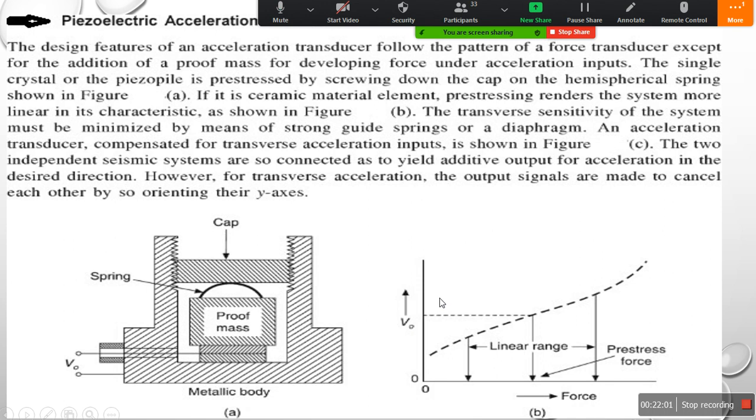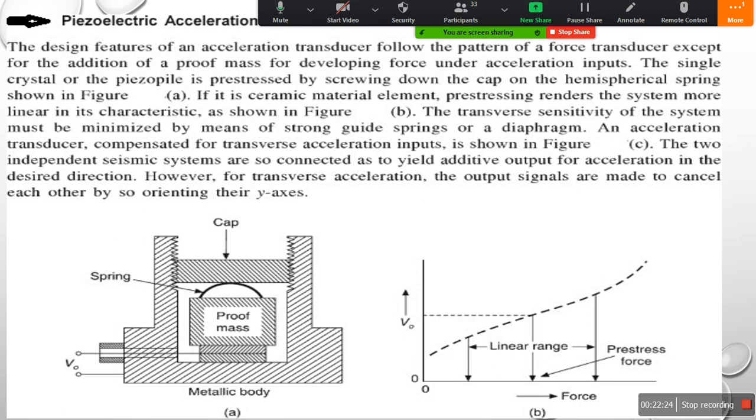Second thing is the transverse sensitivity of the system must be minimized by means of strong guide springs or a diaphragm. An acceleration transducer is compensated for the transverse acceleration inputs. There are various types of acceleration inputs where you will be using the piezoelectric.